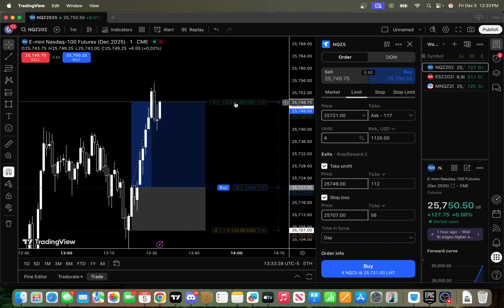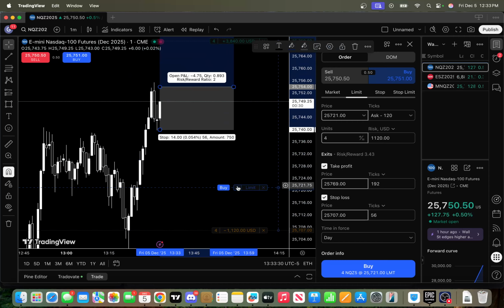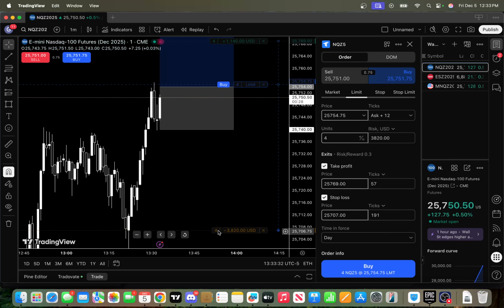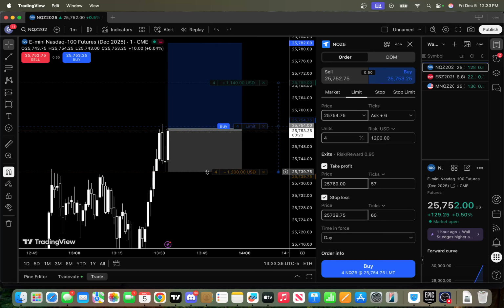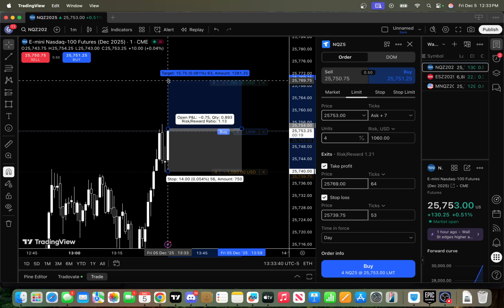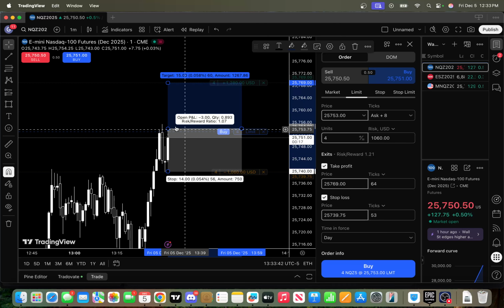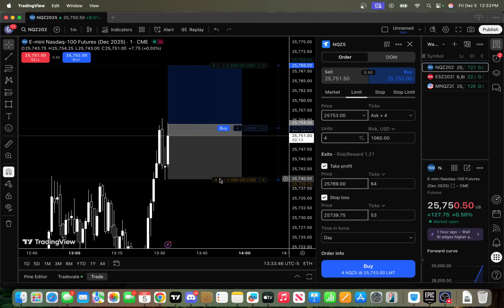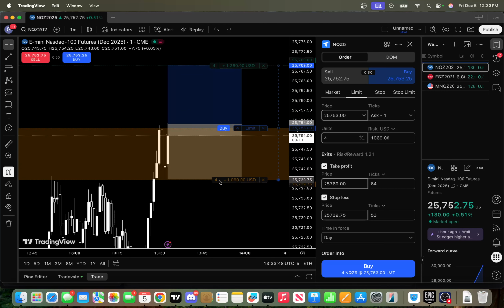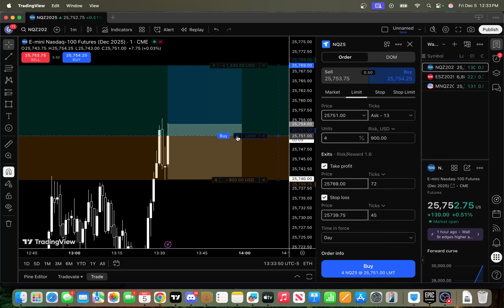If you're on TradingView, something you can do to make things simple: say I want to take a long here, stop loss here, and I want something like this. You can do this before the trade even happens and already see how much you're risking. You can have this set already, and whenever you're about to place a trade, just keep adjusting.